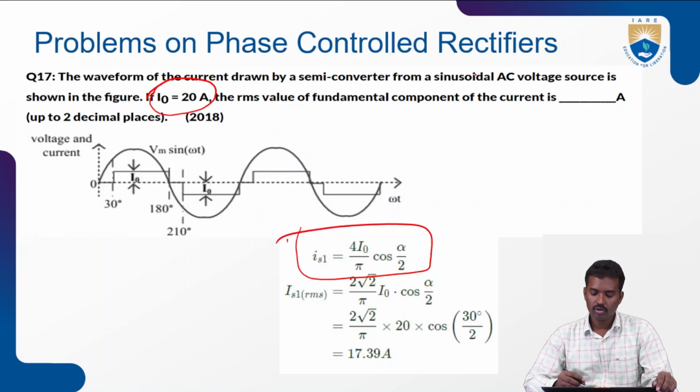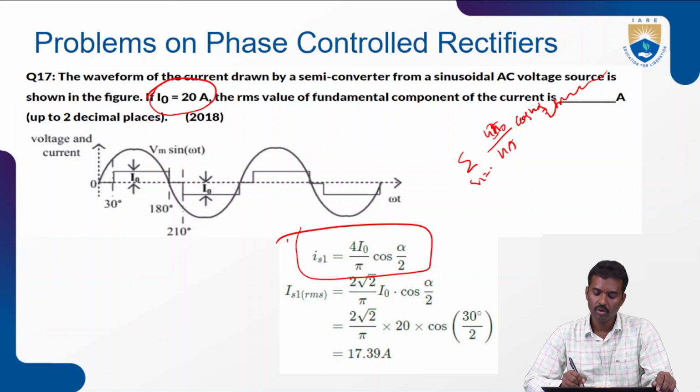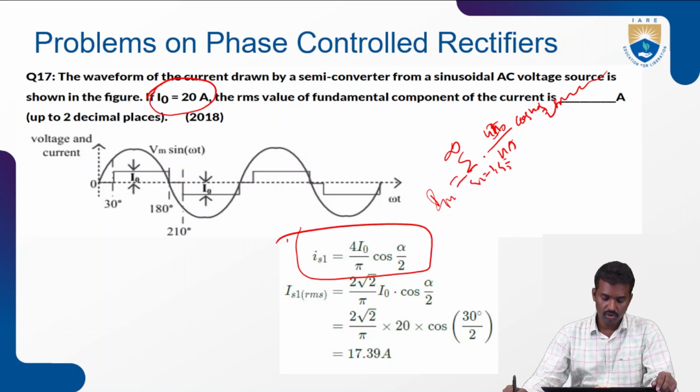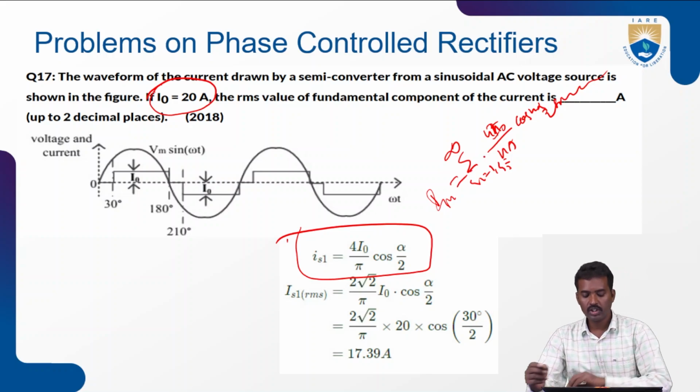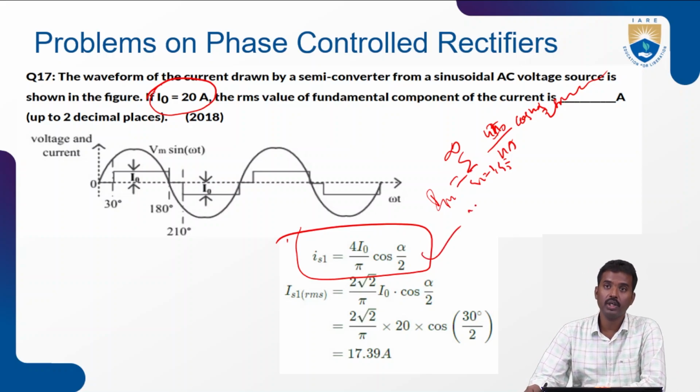We have seen the Fourier series: 4 I0 by n pi cos(n alpha by 2) sin(n omega t), summed over n equals 1, 3, 5 to infinity. This is the fundamental component of the source current.